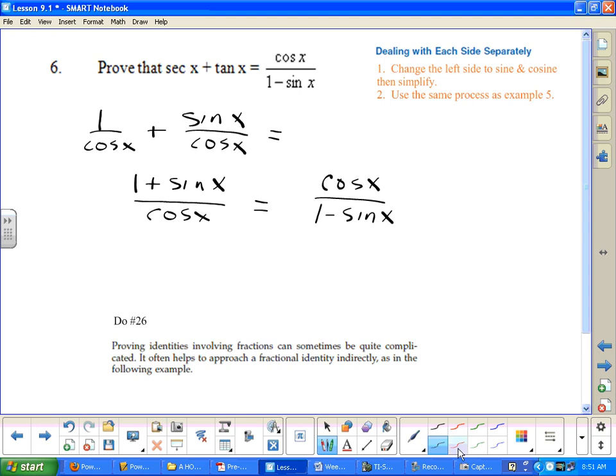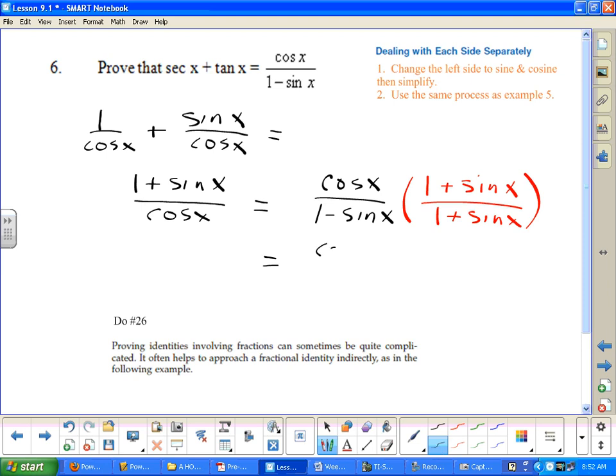So if I was to multiply the numerator and the denominator by 1 plus sine of x, then I would have the difference of two squares there. And once I get that squared term, then I have identities I can work with. And so I'm looking for a squared term to be able to use here.